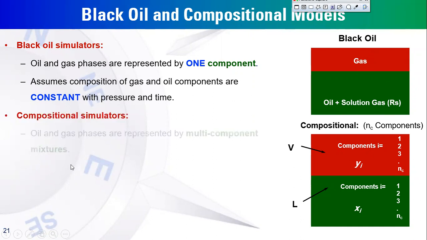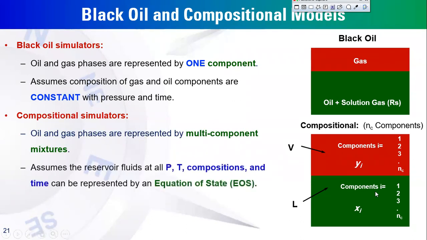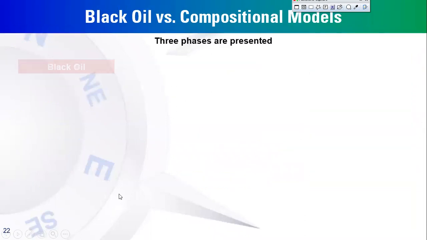But for compositional, the oil and gas phases are represented by multi-component mixtures, because we assume pressure, temperature, and composition change with time. So we have a liquid phase and a vapor phase. Xi is the mole fraction of component i in the liquid phase, and Yi is the mole fraction of component i in the vapor phase.